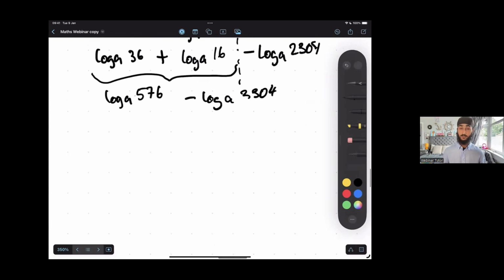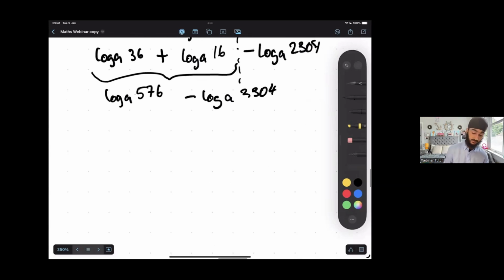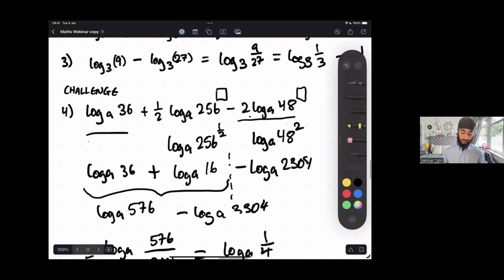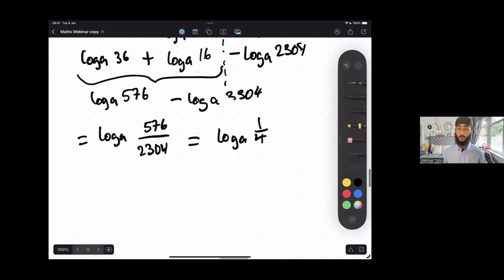Because it's a subtraction, we can divide these arguments. So we get log base a of 576 divided by 2,304. And we get log base a of 1 over 4. So all of that above just simplifies to log base a 1 over 4.